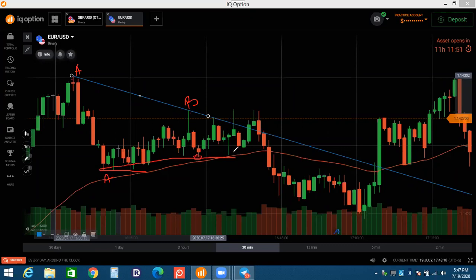If you want to use the fractal, you can also use the fractal. Point A and B is up to you, which swings you are connecting. This is the highest price, and in this whole range, that is the second highest price. So that's point number A, point number B. We are just connecting two lines.